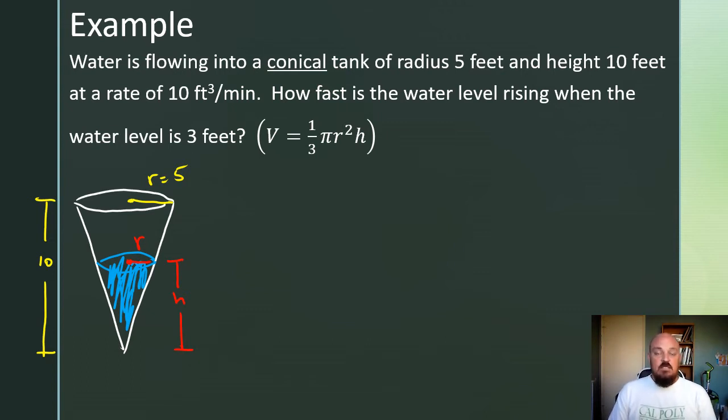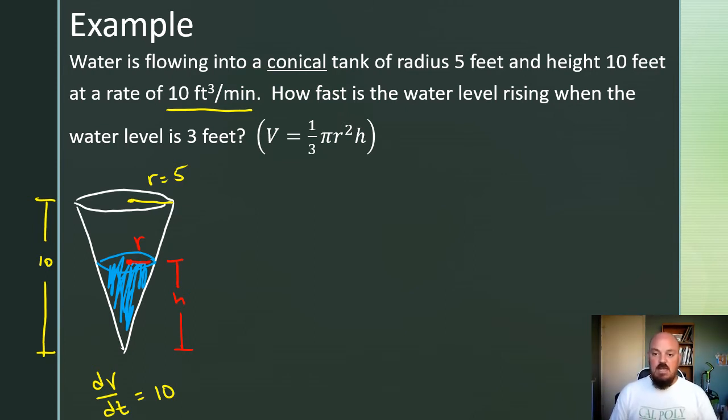The next important step that we said for a related rates question is to find the rates. So what I have here, if I look for rates, number 1, 10 cubic feet per minute. That's definitely a rate, and remember you can tell by the units, cubic feet per minute. And in fact, it's going to be dV dt because it's in cubic feet. So dV dt equals 10. Now, the water is flowing in, so it's positive 10.